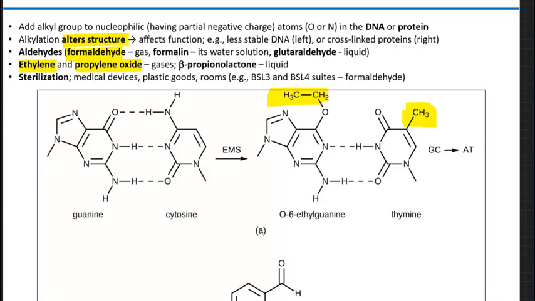What do you mean by area? Operating room? Sure, a room. A room, okay? They can be used to sterilize rooms. Specifically, ethylene and propylene oxide are used to sterilize very sensitive equipment, like plastic, that you, for some reason, cannot irradiate. They're really good at it.